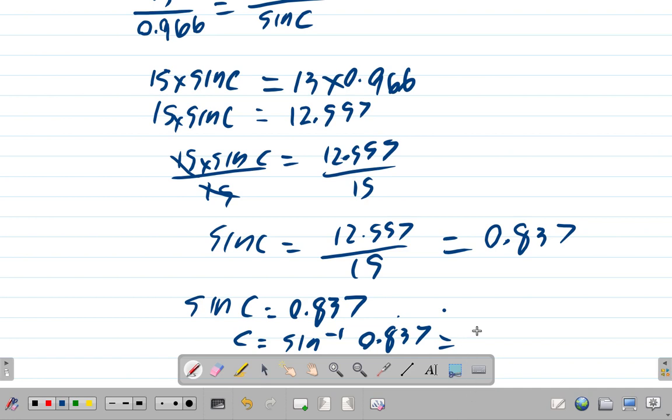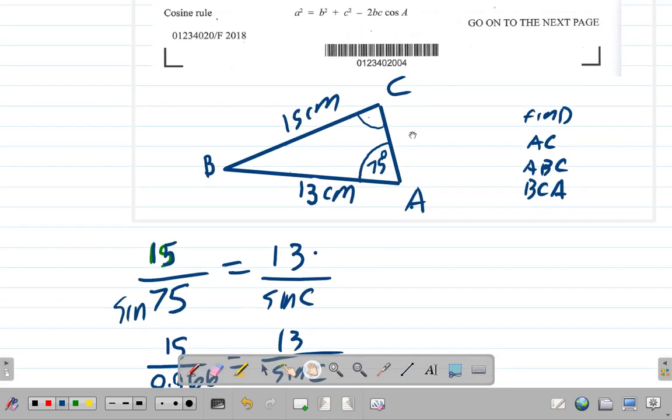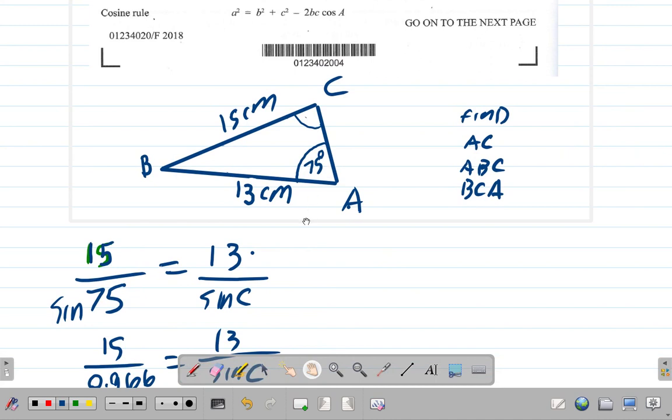So 56.8 degrees is our angle C. So BCA is 56.8 degrees.